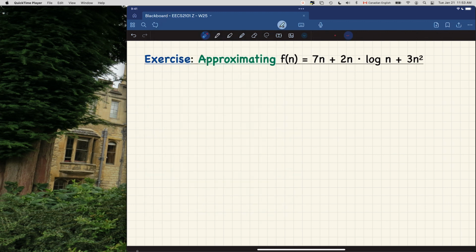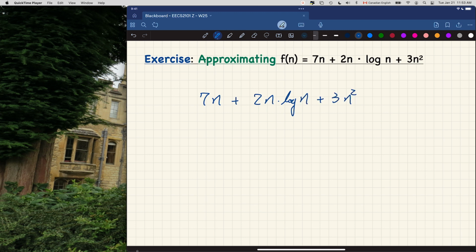So this is the function you're going to get. This can well be the running time for some algorithm that you have designed. Let's now write it down one more time. So I got 7n plus 2n times log n plus 3n squared.